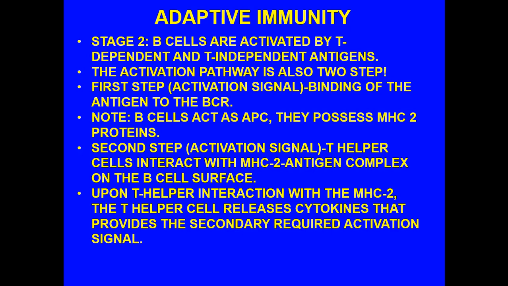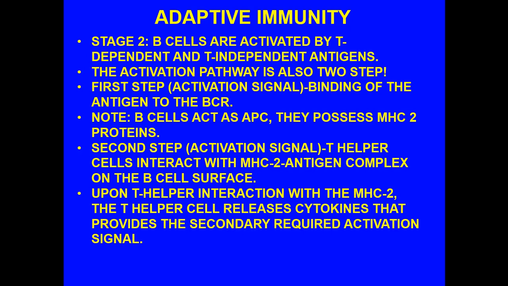And in this second step activation, the T helper cells interact with the MHC2 antigen complex on the B cell surface. So in the second situation here, T helpers will come in, read the information, and then begin a further interaction with that MHC2 complex.